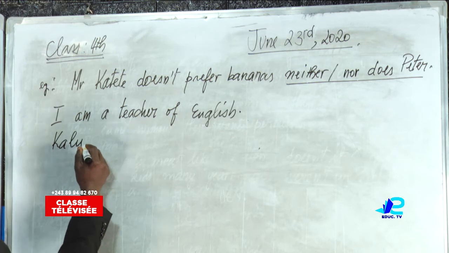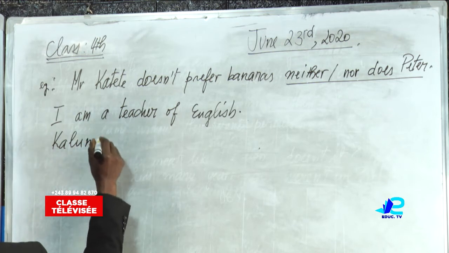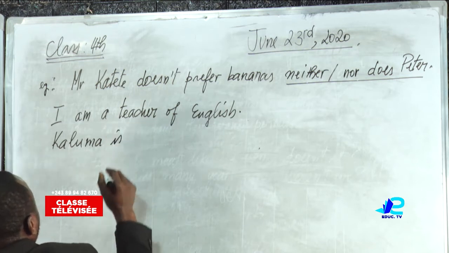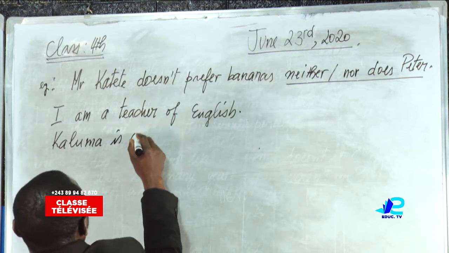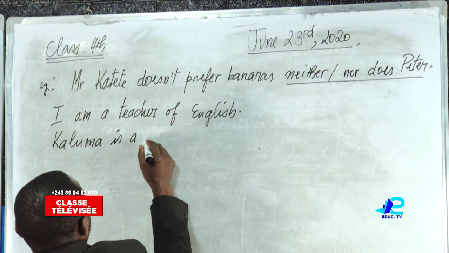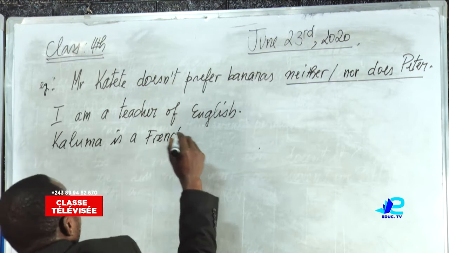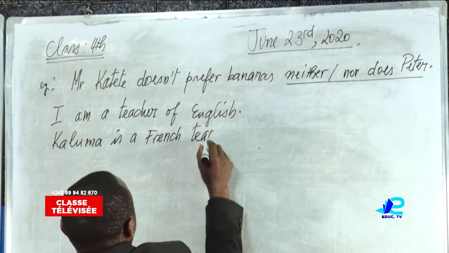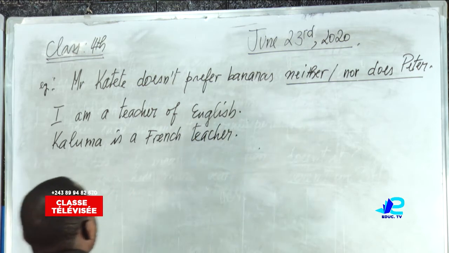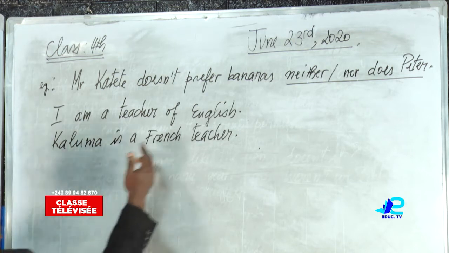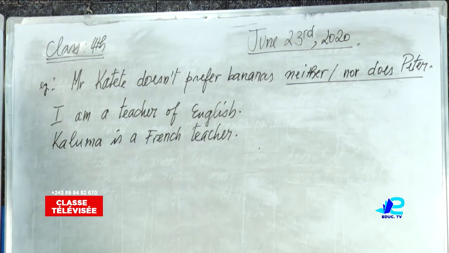Kaluma is a French teacher. We have the first example. I am a teacher of English. Kaluma is a French teacher.